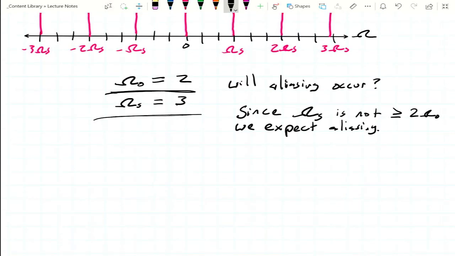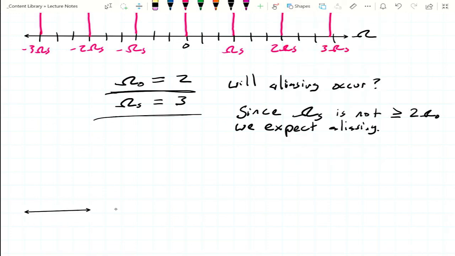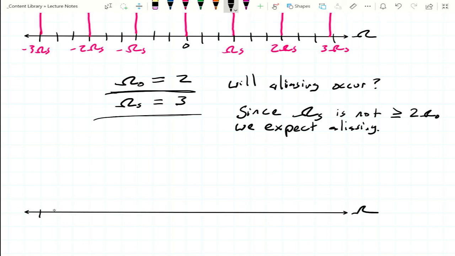Okay, so let's set it up and see what we got. First off, we need our low pass filter. Let's go real quick and define our filter.